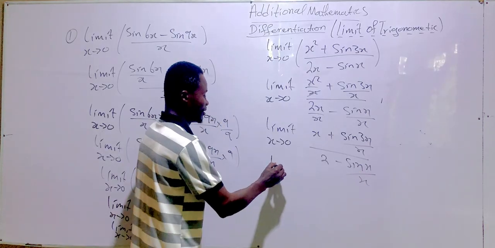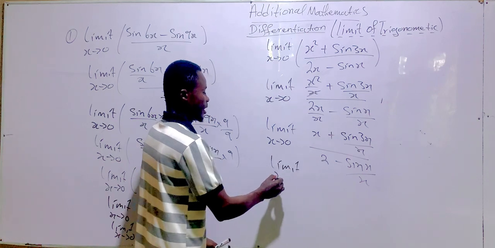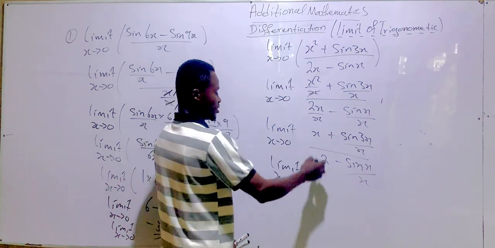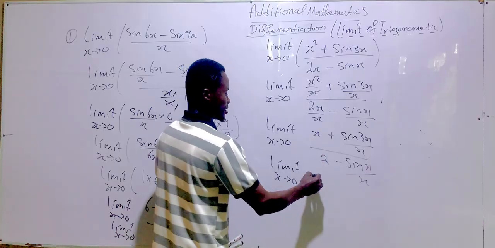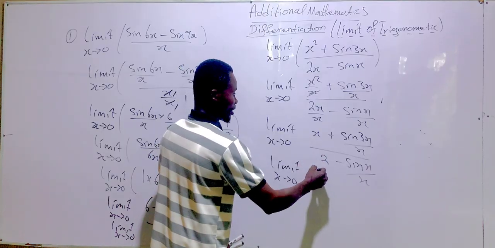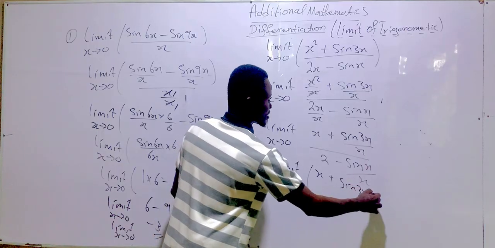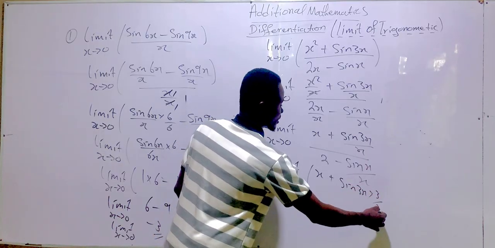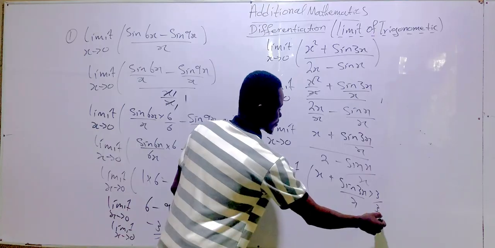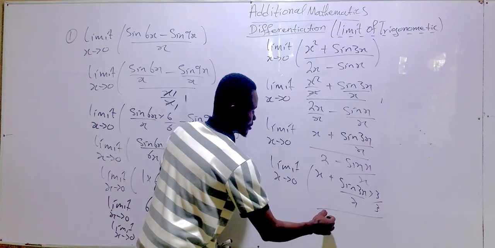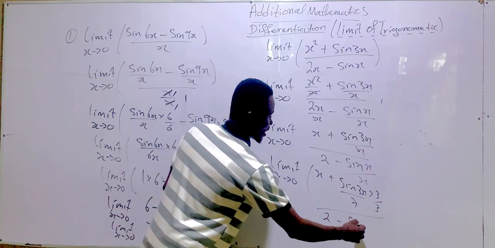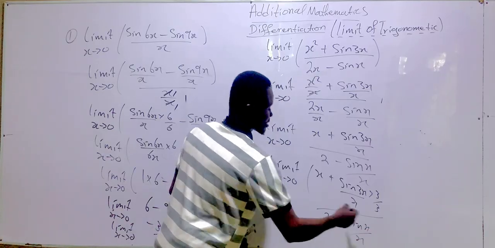So you'll be having the limit as x approaches 0. When you pick the limit, that will be x plus sine 3x times 3 all over 3, all over x, all over 2 minus sine x all over x.